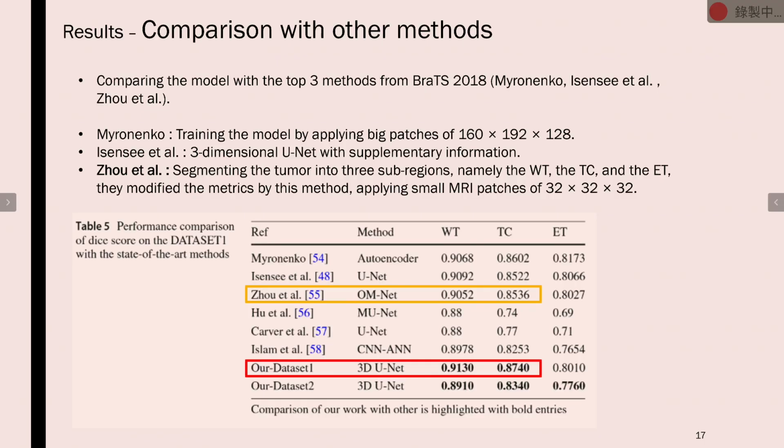Is there any statistical difference? It didn't mention a p-value or other statistical results.